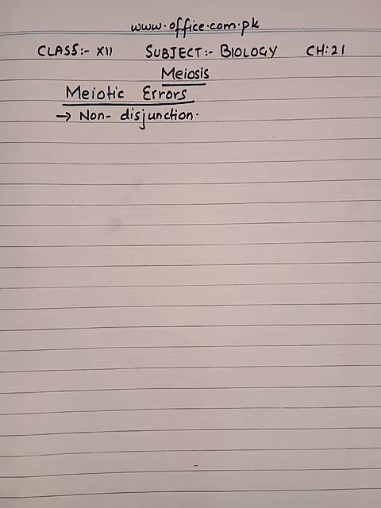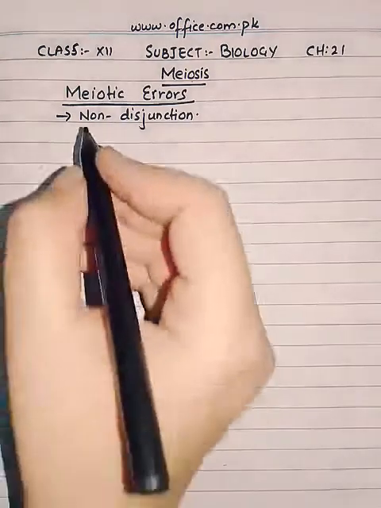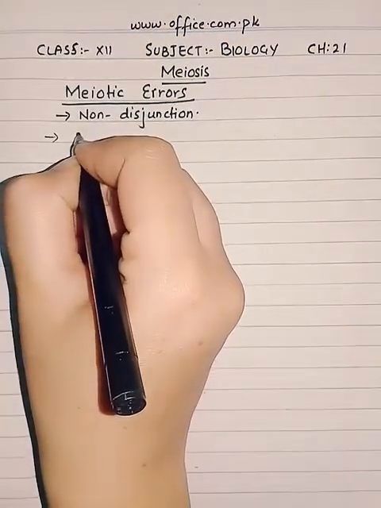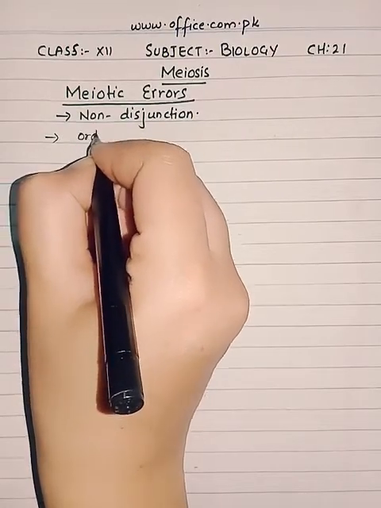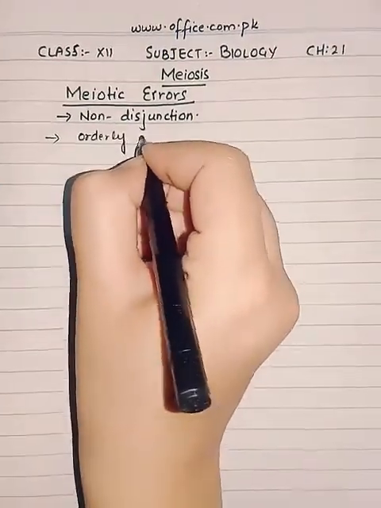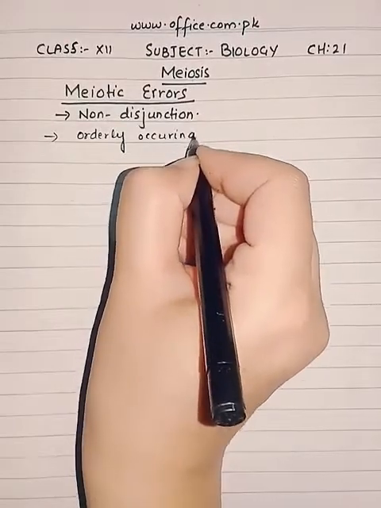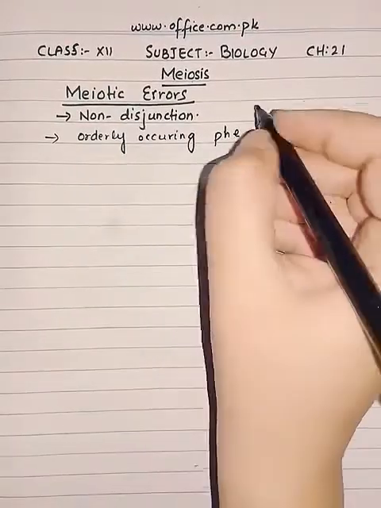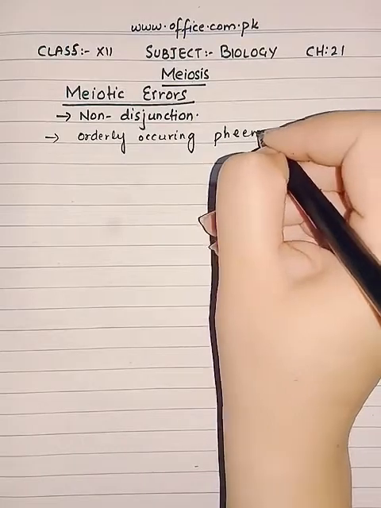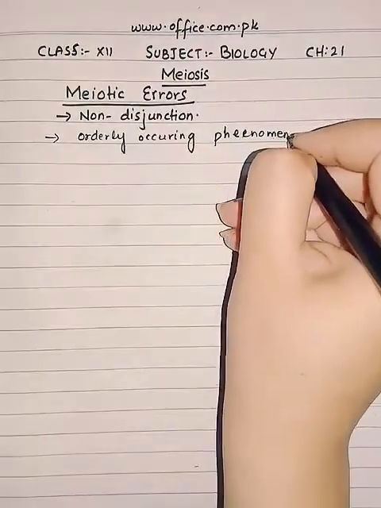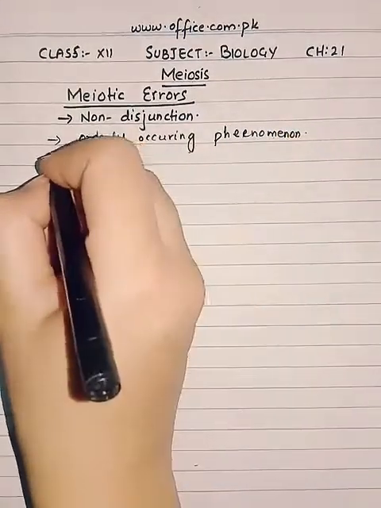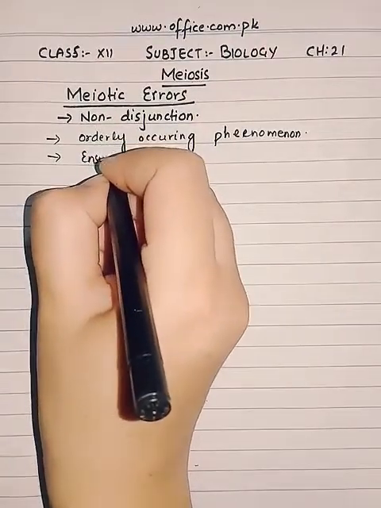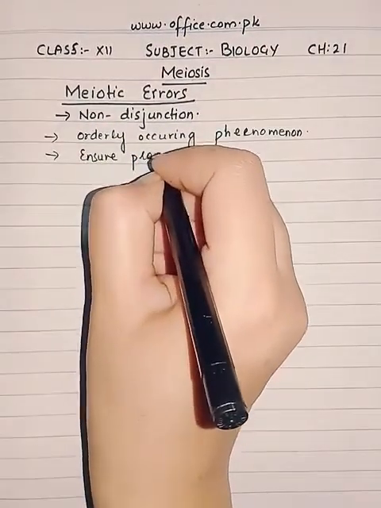So basically, meiosis is an orderly occurring phenomenon, and it ensures that every phase will be finished appropriately and properly ended.